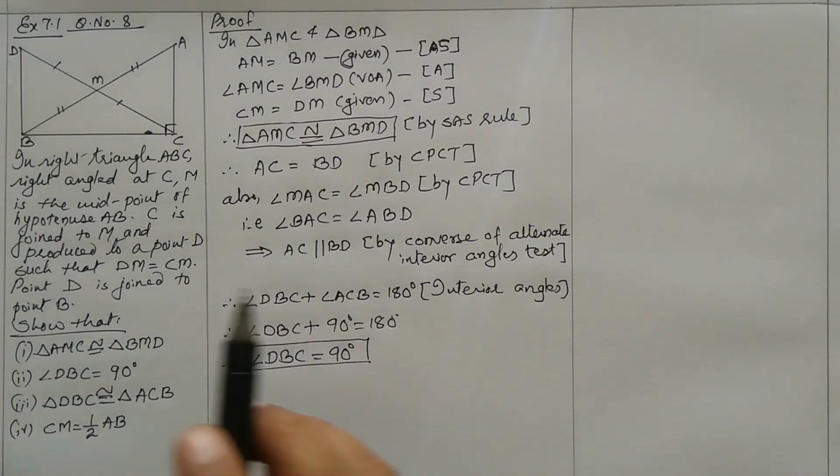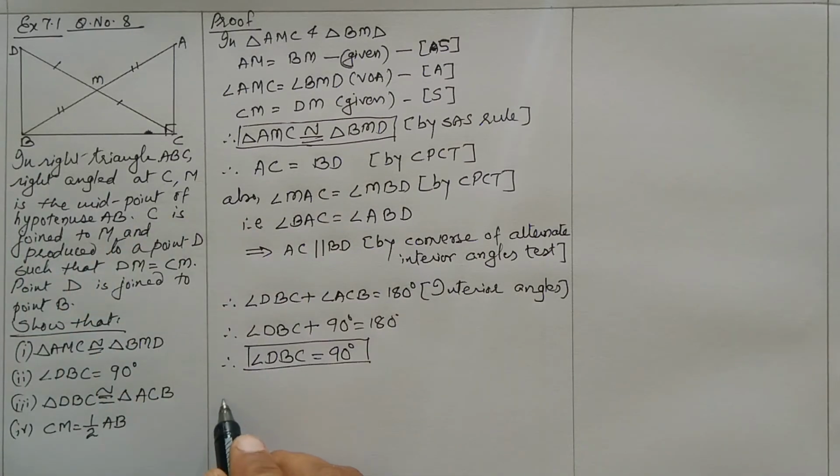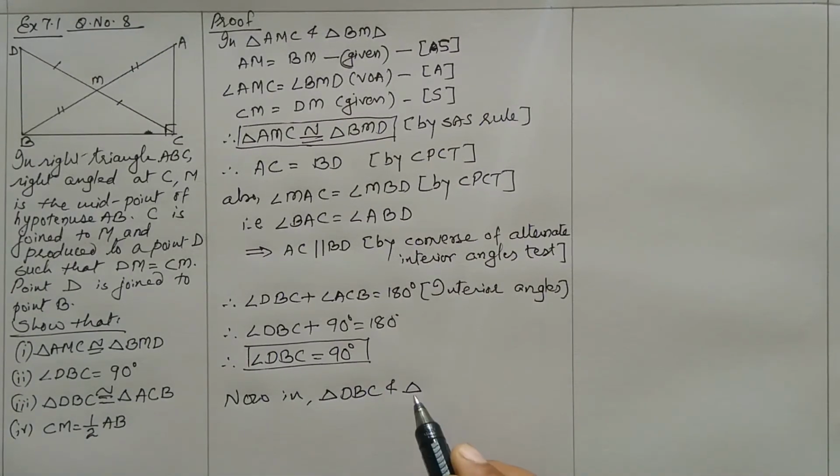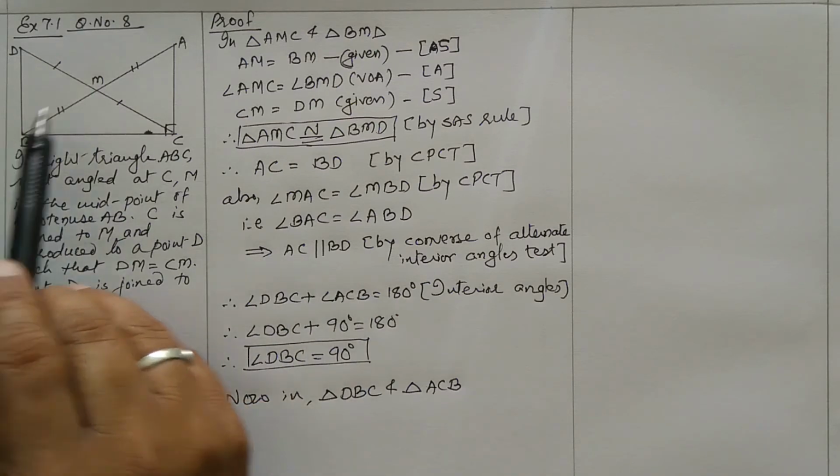Now we want to prove triangle DBC and triangle ACB are congruent. Find out the corresponding parts. So we will first write DB is equal to AC.